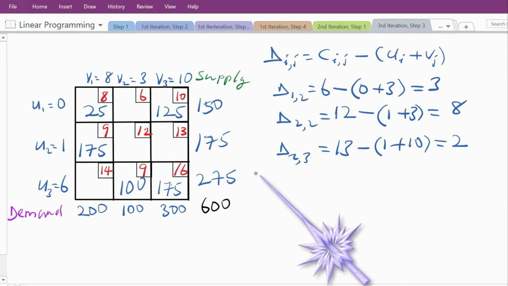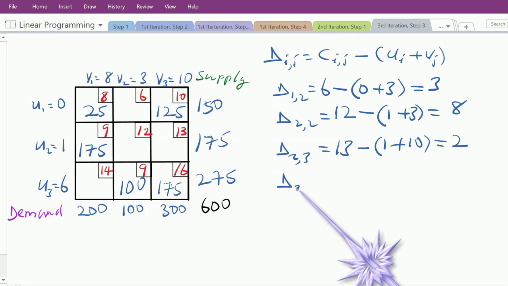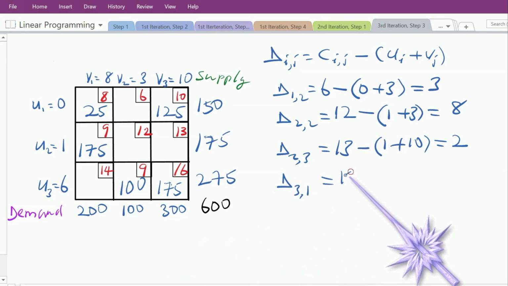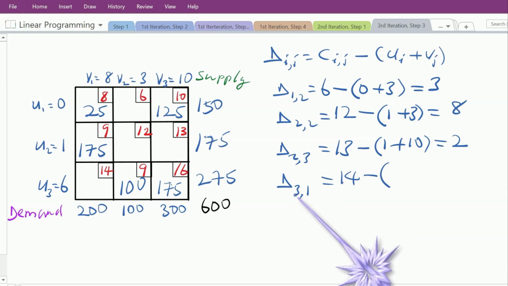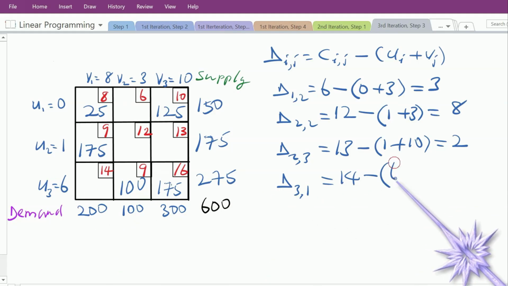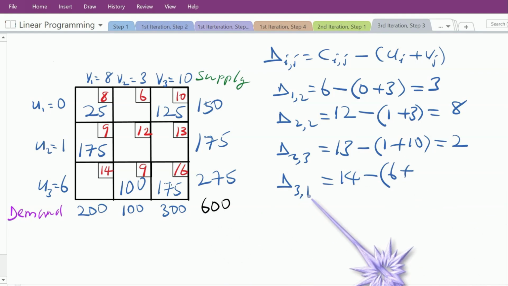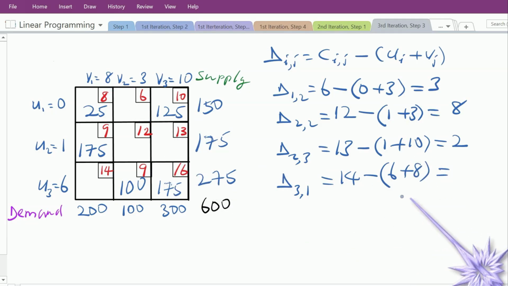Then the last one is delta 3,1, which is equal to 14 minus bracket open U3, which is 6, plus V1, which is 8. This is 14, that's equal to 0.